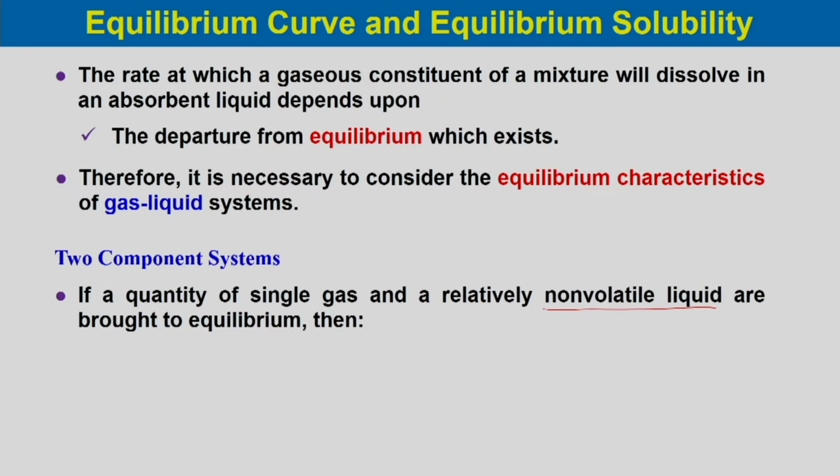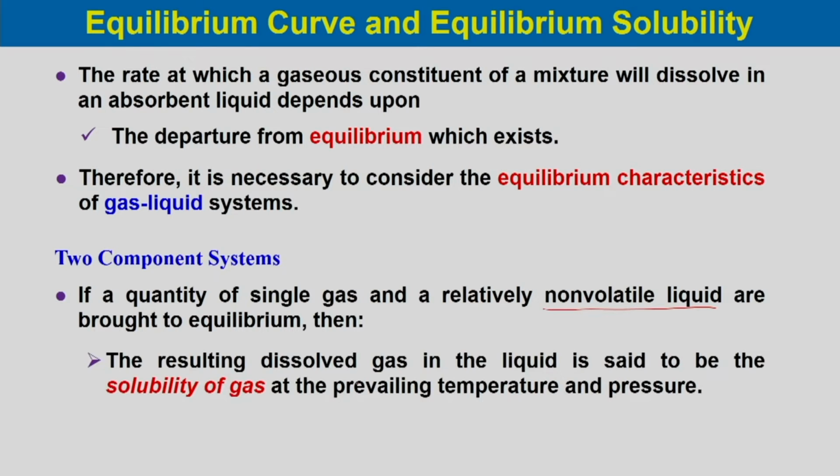It has a very low vapor pressure at the particular temperature where the gas will be absorbed. So, the resulting dissolved gas in the liquid is said to be the solubility of the gas at the prevailing temperature and pressure.